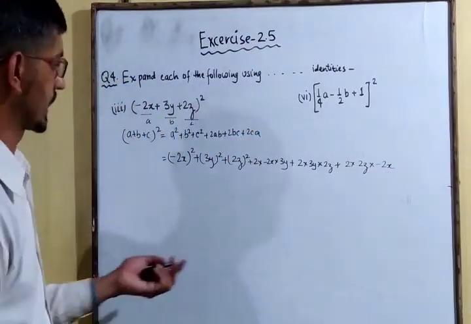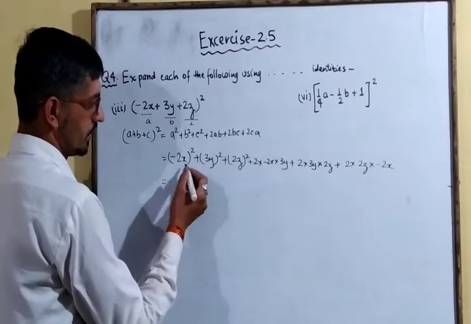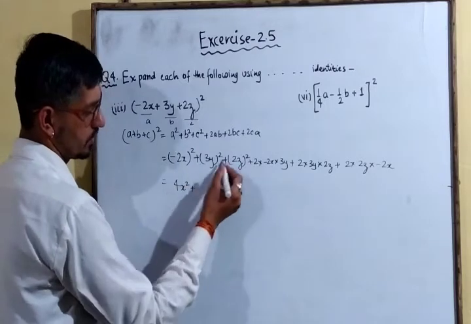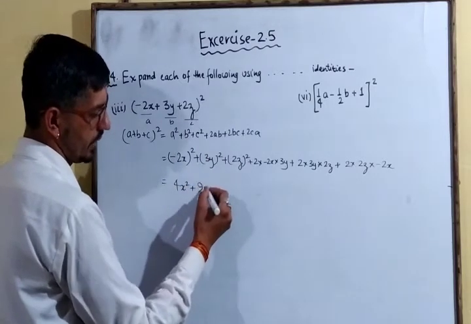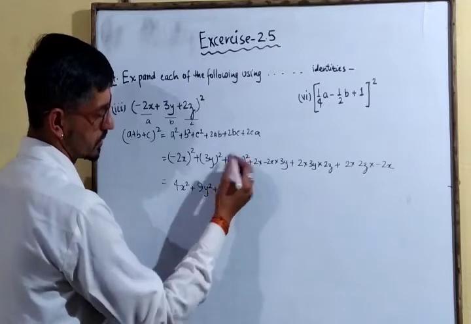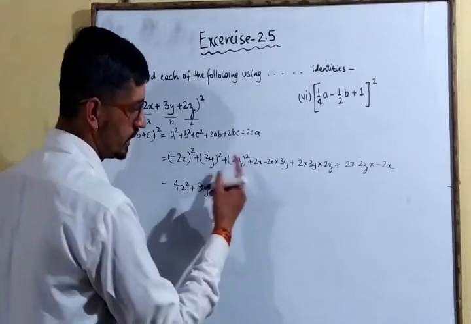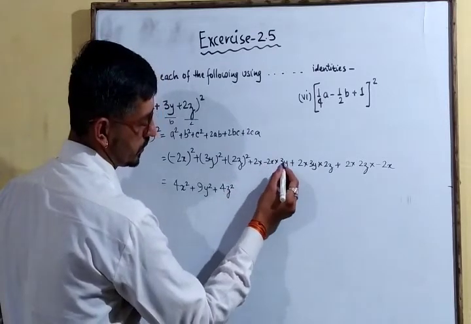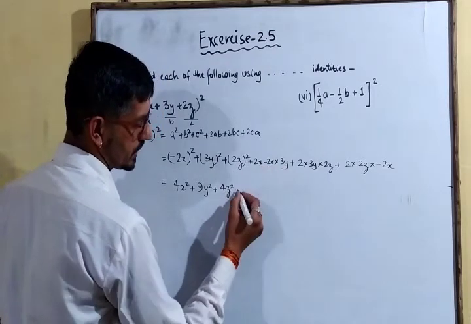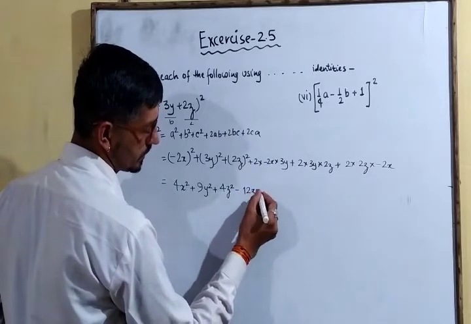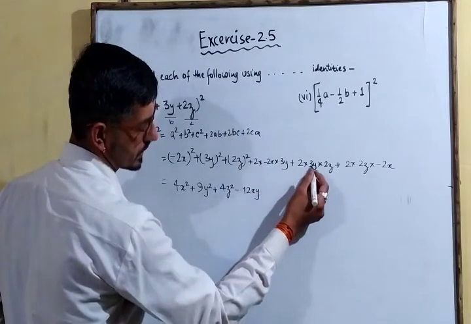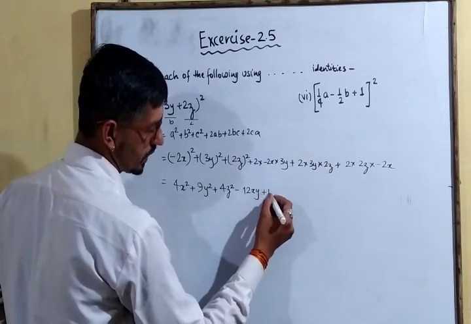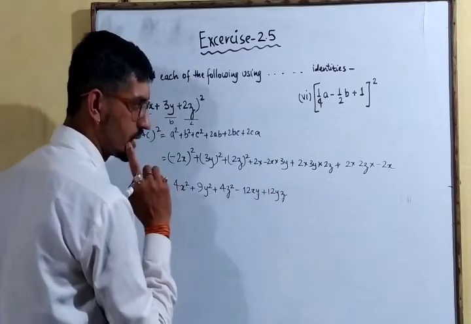Now what we will do? We will expand this. The square of 2 will become 4, so 4x square, plus the square of 3 will be 9, so 9y square, plus the square of 2 is 4, so 4z square. Then 2 into 3 is 6, 6 into 2 is 12, so -12xy. Then 12yz, positive 12yz.